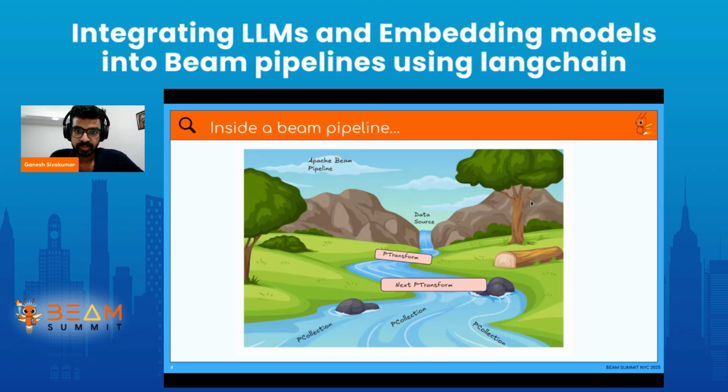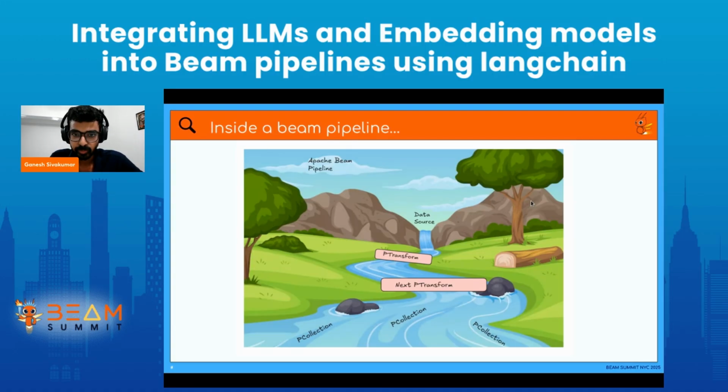The waterfall is like a data source in a pipeline, and when the data reaches the PTransform, the transformation logic is applied on it, and then the new set of PCollection elements is emitted, and then it reaches the next transform.